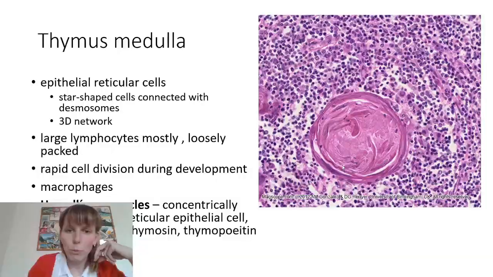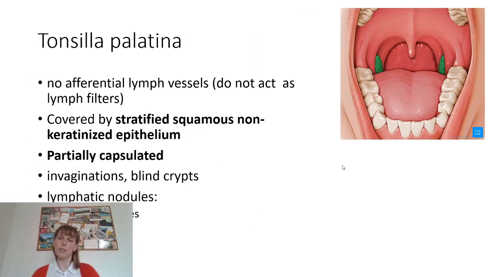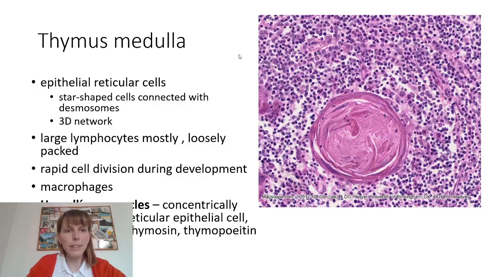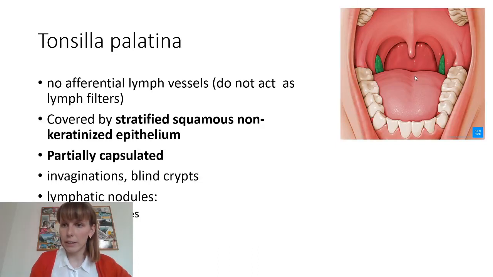And let's move on. So almost the last one, tonsilla palatina. So I already told you it's the one. For the thymus I didn't say where it's located. So the thymus is located around the sternum, but it's probably no longer this big in our case.